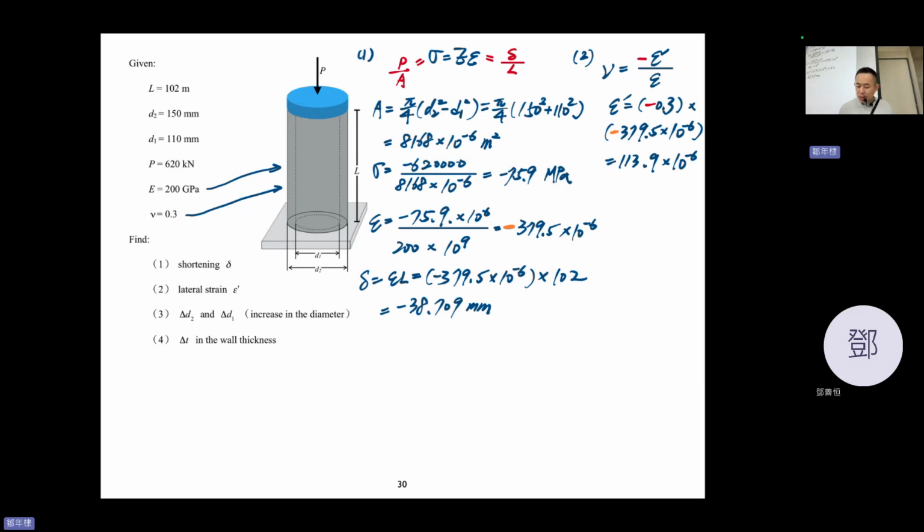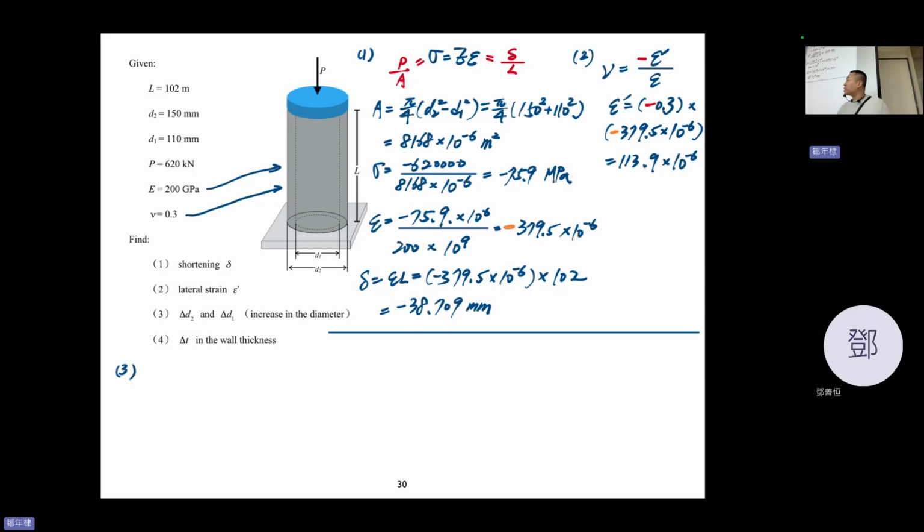Now you see that the lateral strain is positive, which means it increases the lateral length. I believe you can understand this. It's not difficult here.